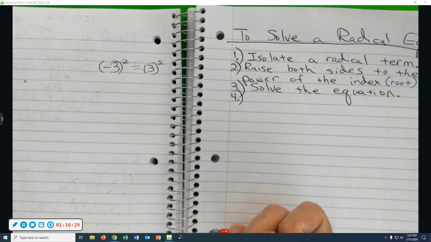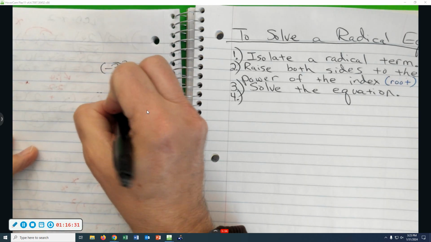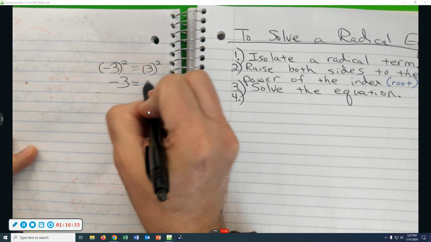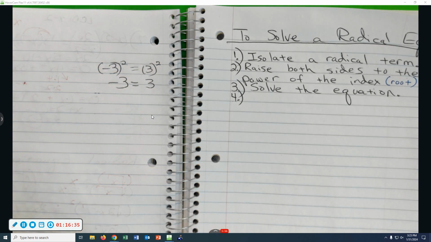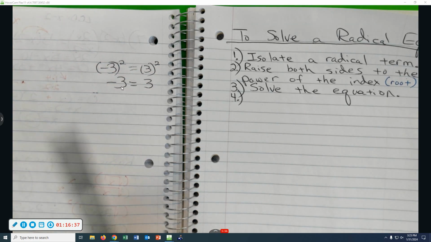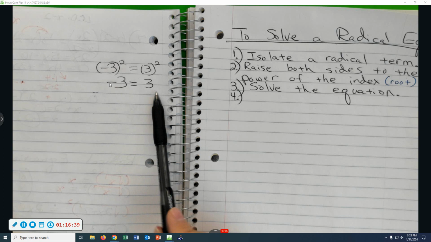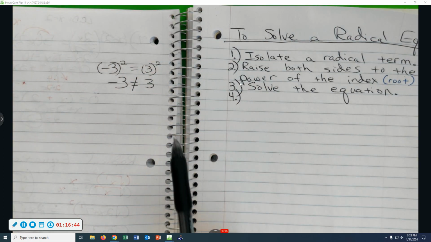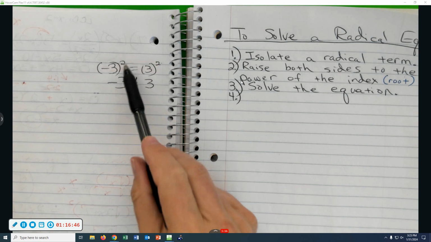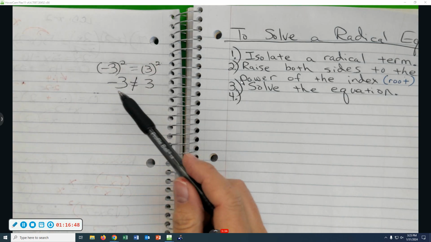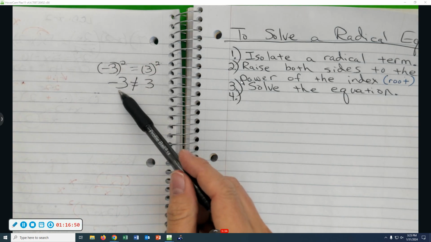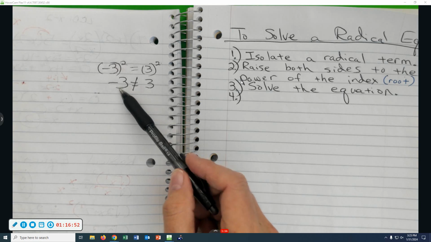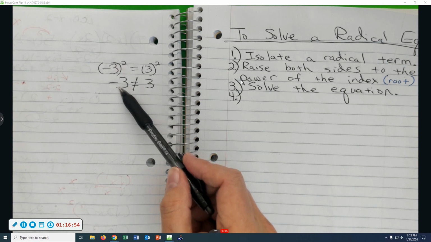Suppose you didn't have that square there. Is it still a true statement? No, it isn't. When you raise both sides of an equation to an even power, you run into the possibility of taking something that started off negative, but when you square a negative, what does it become? Positive.